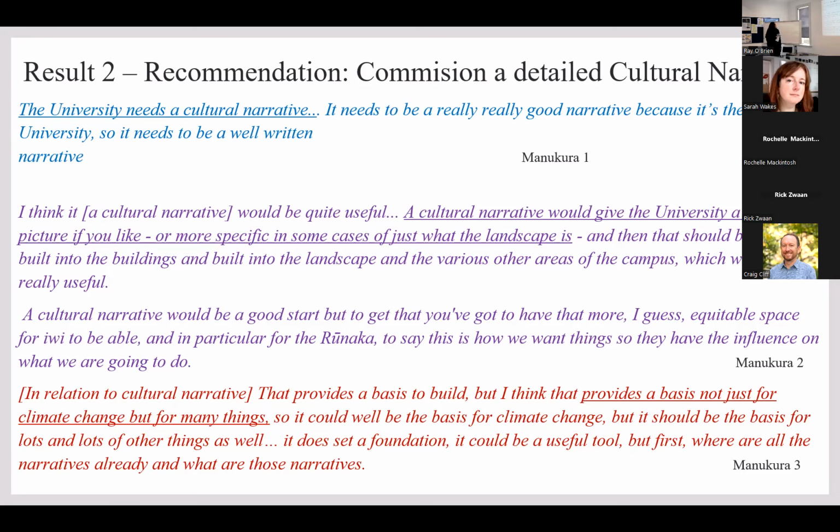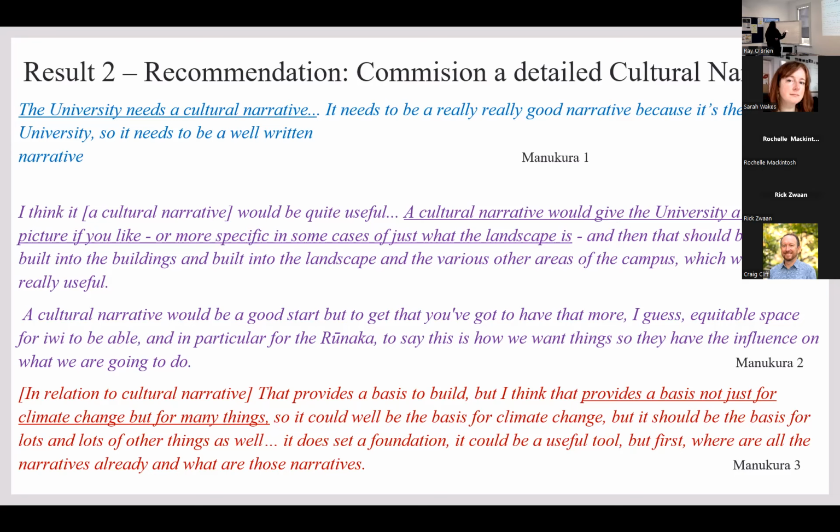Manukura 1 stated the university needs a cultural narrative. Manukura 2 adds that they think that a cultural narrative would be quite useful and it would give the university a general picture, or more specific in some cases, of what the landscape actually is. And then Manukura 3 emphasised that it would provide a basis to build, not just for climate change, but for many things.